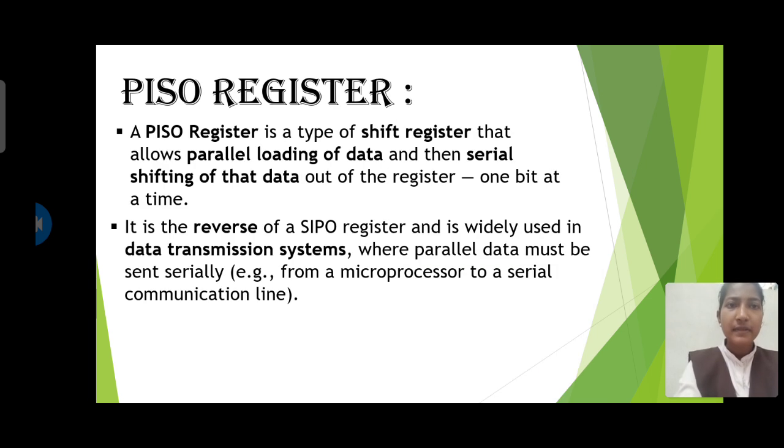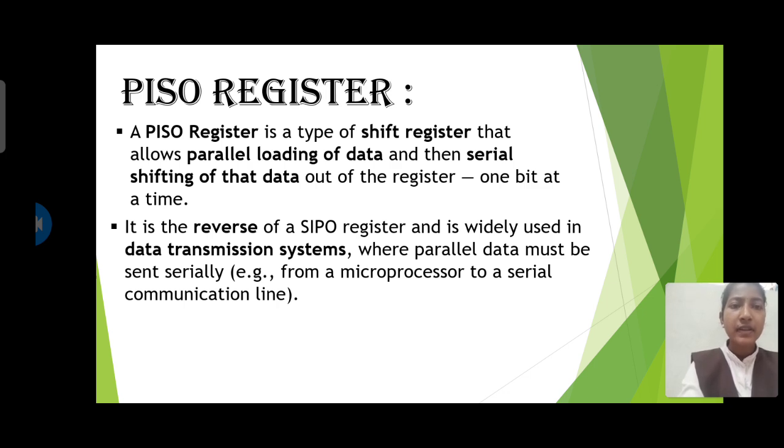So the next one is the PISO register. A PISO register is a type of register that allows parallel loading of data and then serial shifting of the data out of the register one bit at a time. That means it outputs one bit at a time, and parallel loading of the data is also here. It is the reverse of the SIPO register.